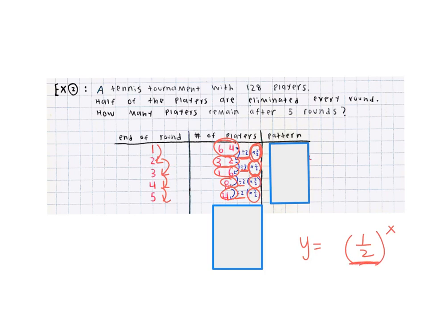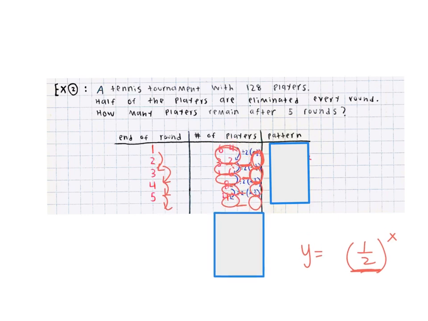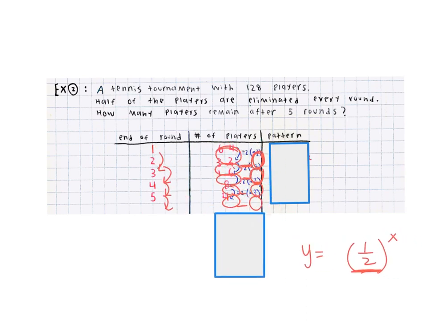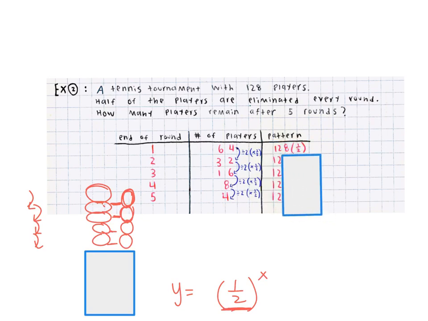So that's going to help us with a pattern here. We know we're halving, but we didn't start with just 1. What did we start with? We started with 128. So the way we got 64 is 128 times a half.